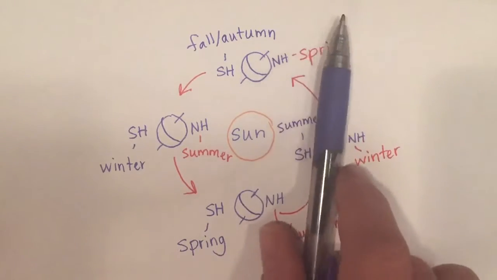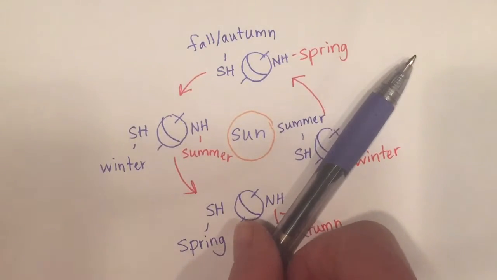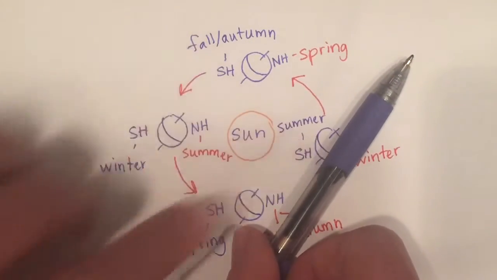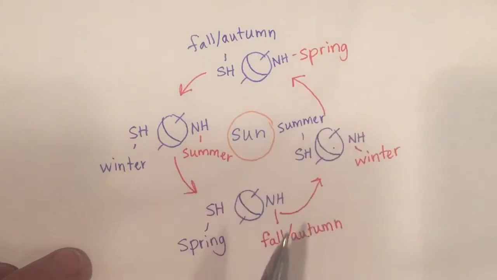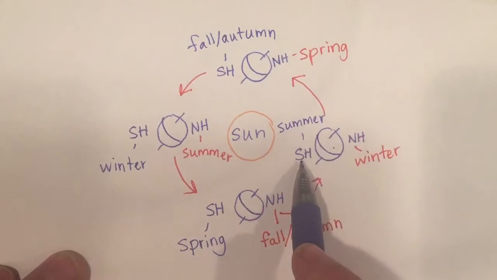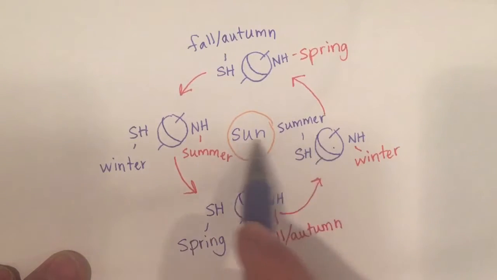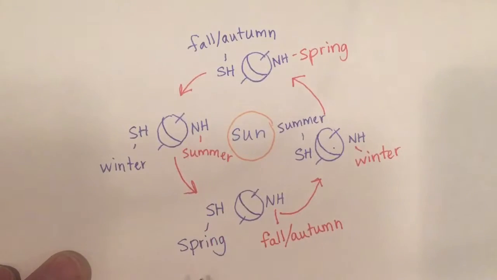Do you see how instead of being straight up and down, the Earth is tilted because of our axis? The northern hemisphere is pointing away from the sun, so it is not getting as much sun. So it's going to be cooler, which is why we're experiencing winter. Whereas the southern hemisphere, they're getting more direct sun, so they will be experiencing summer.